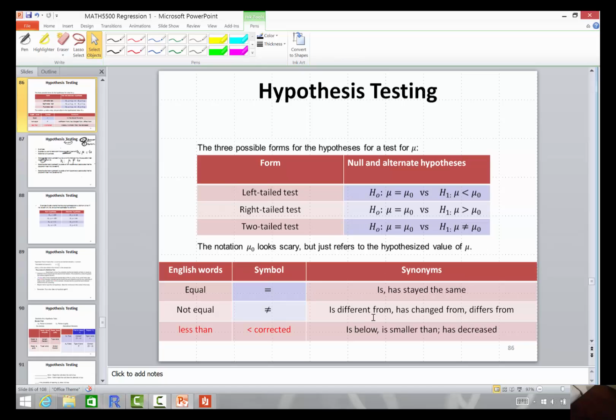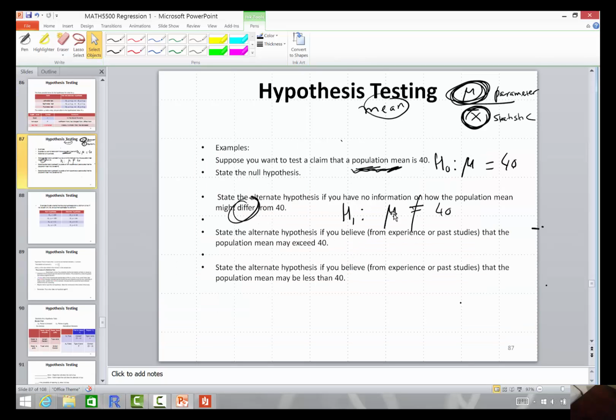Did you see here? If I tell you somewhere differs, has changed, or different, if this kind of key word is given, that means use this symbol. See, I told you different from, changed from, or differs from. In this case, this is the symbol that you use. So that's what I'm applying here. See, differ from, so I used this one.